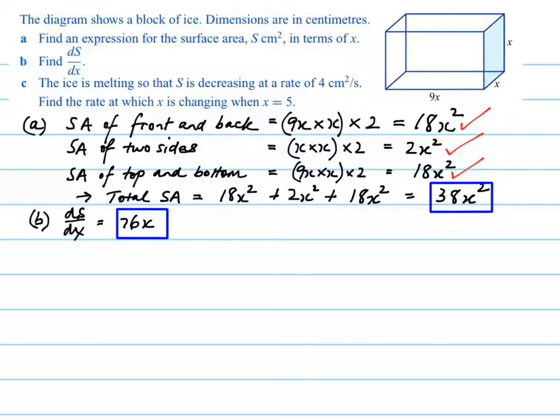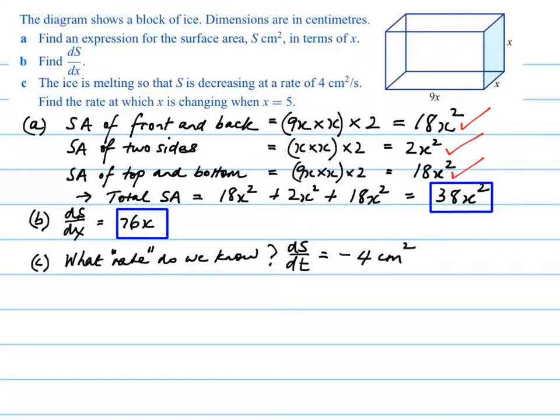Here comes C. C is the one where we've got to figure out what's going on. We've got to set up our equation. What rate do we know, guys? What rate did they give us? They gave us the fact that S is decreasing at the rate of 4 square centimetres per second. So I think that means dS/dt, don't you?